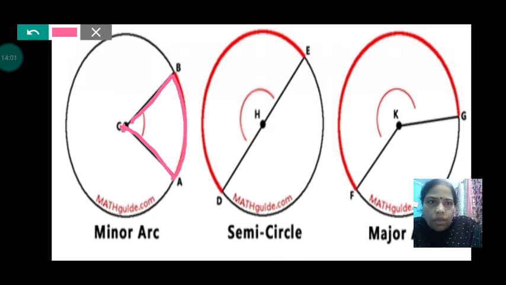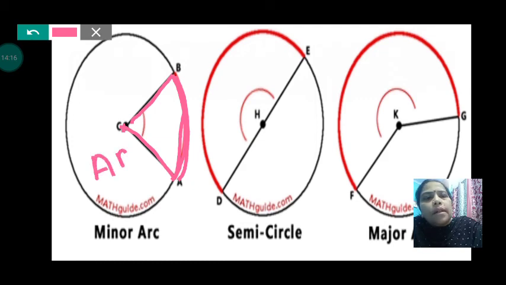So this BA is called the arc, the curve BA is called the arc of the circle, and that is minor arc, and we can name it as arc AB.